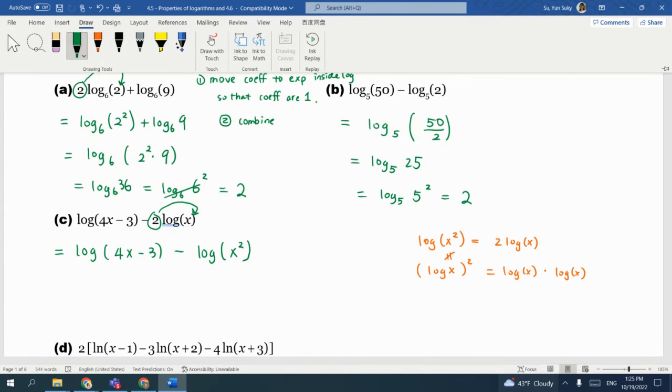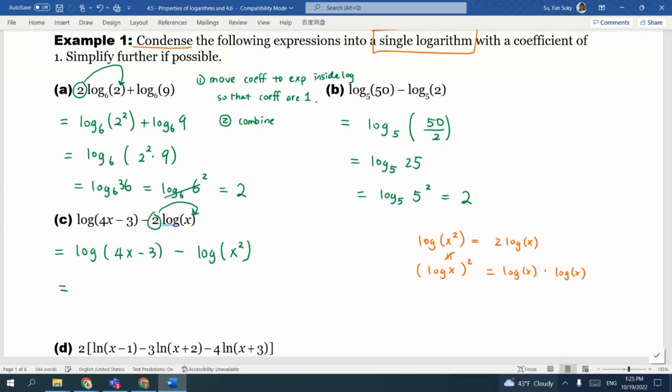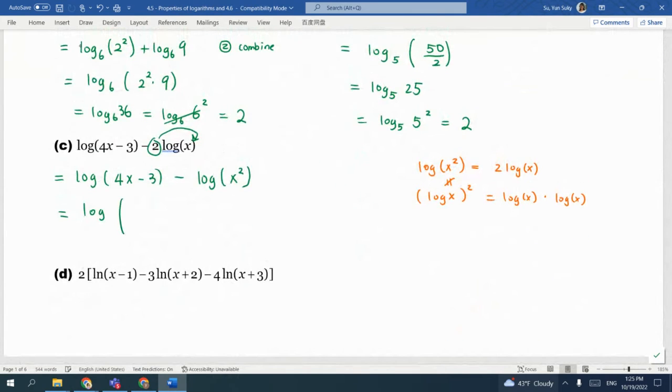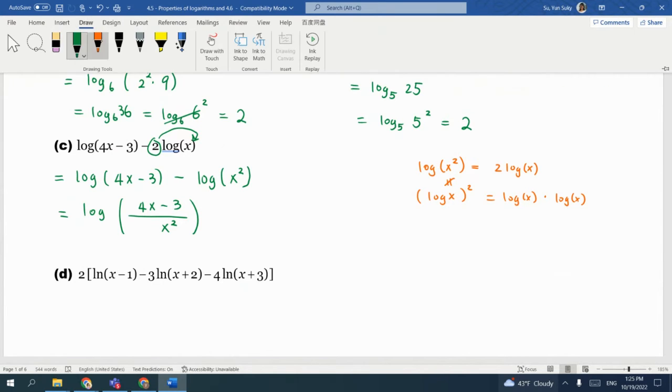Okay, when we combine them, what do we get? Quotient. So that's log of (4x minus 3) over x squared. So far, so good, everybody? A question.